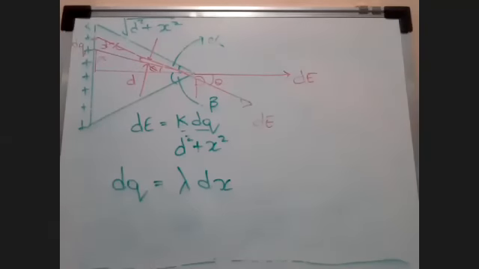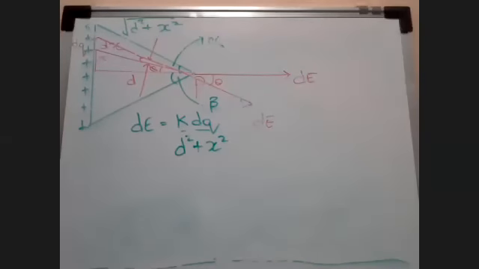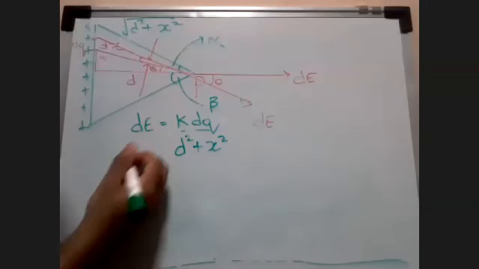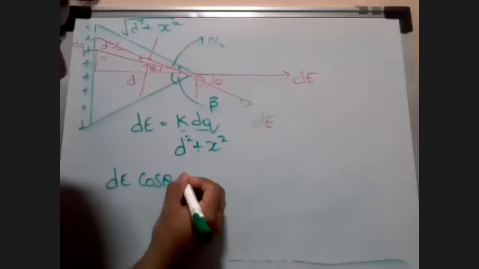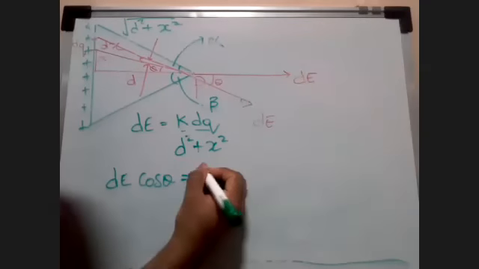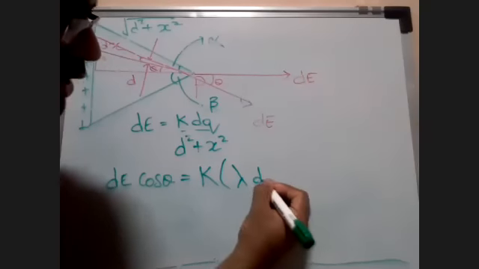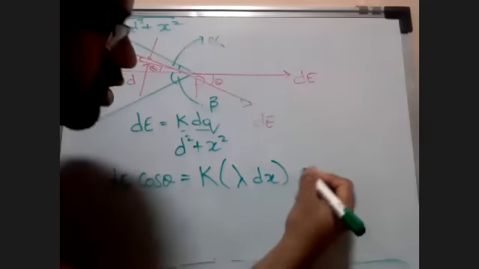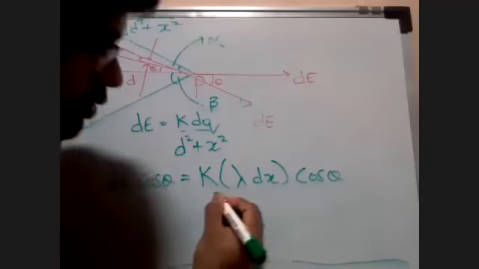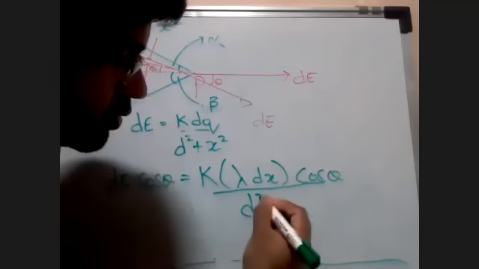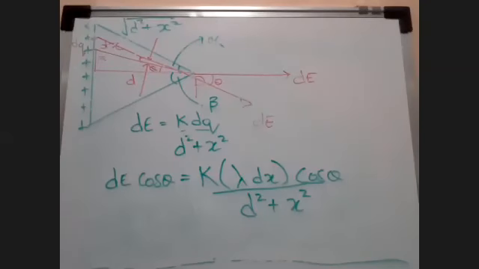Now we will substitute dq as lambda dx, and so we will simply write dE cos theta equals k lambda dx cos theta upon d square plus x square.